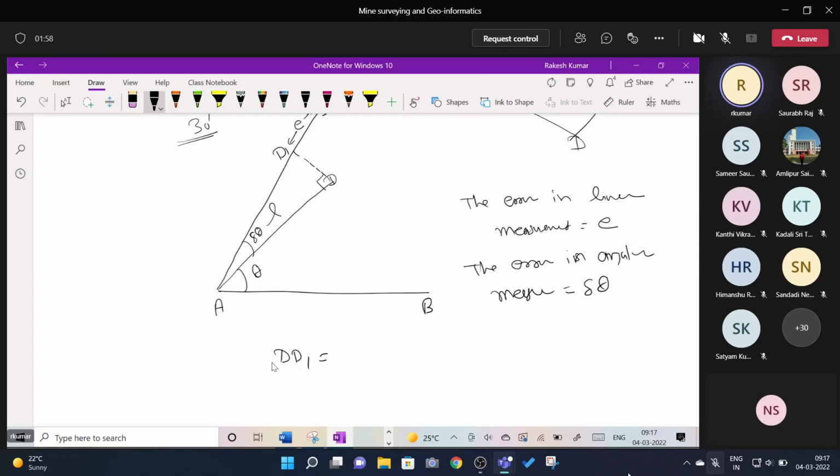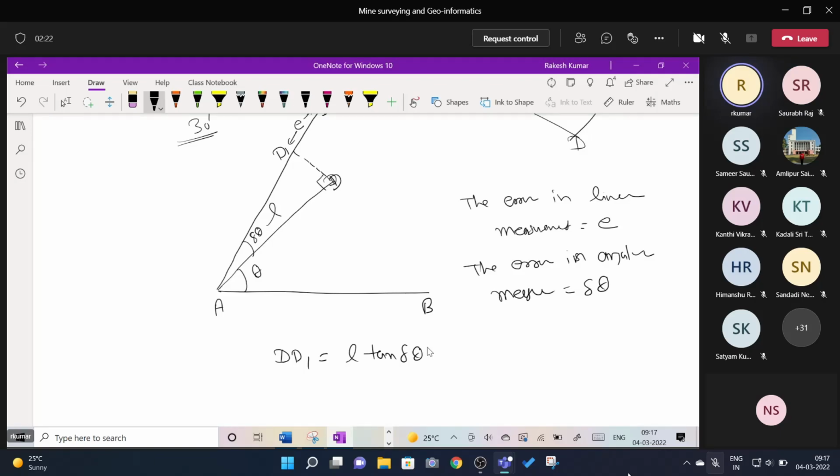Here this is D, and this is D1. So if I want to write DD1, if I know this delta theta, then what can I write here? L delta theta. L tan, can we write this? Tan, yes.